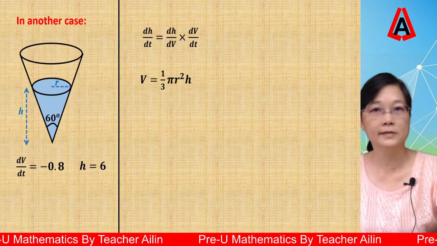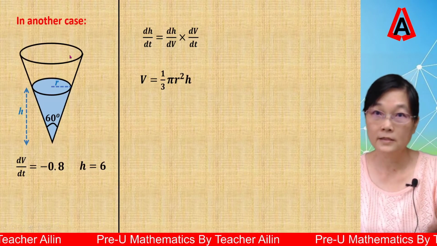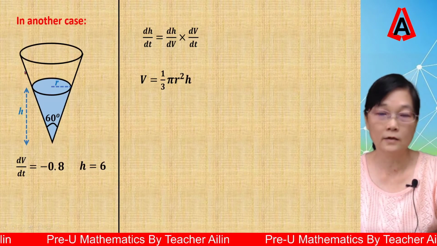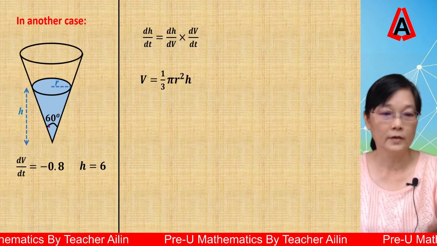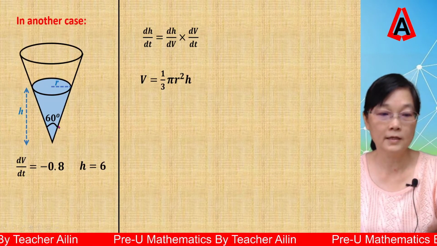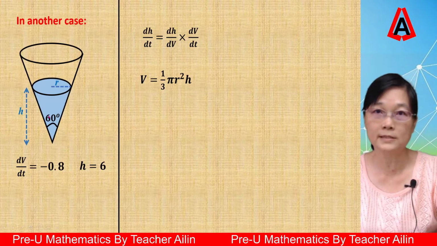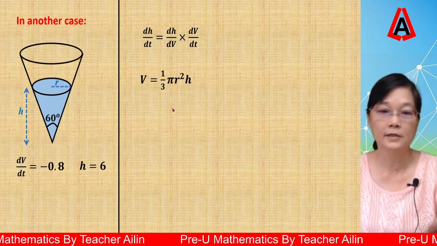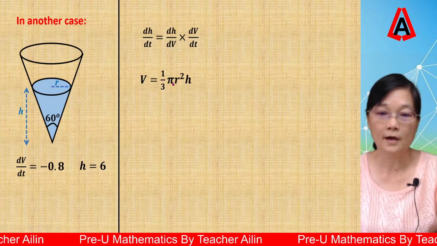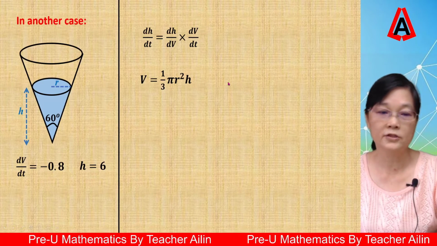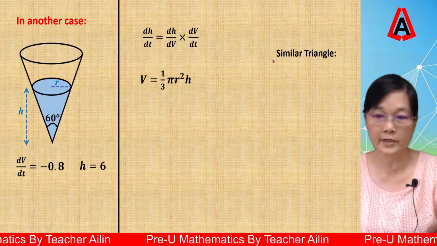However, if it is in another case where the radius of the cone and the height of the cone are not given, instead we are given the angle at the end of the cone is 60 degrees. So in this case, to find r in terms of h, same thing, we are using the concept of similar triangles.